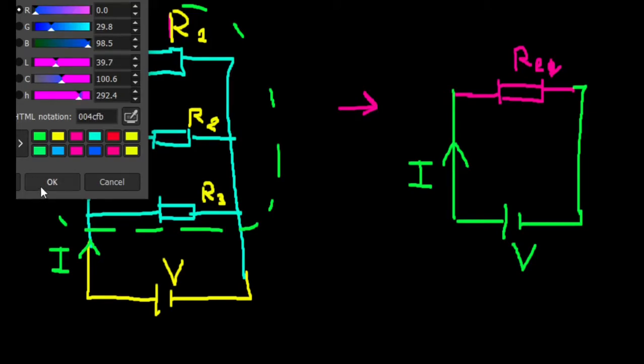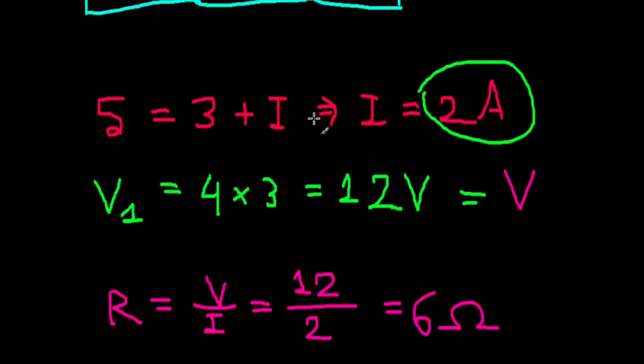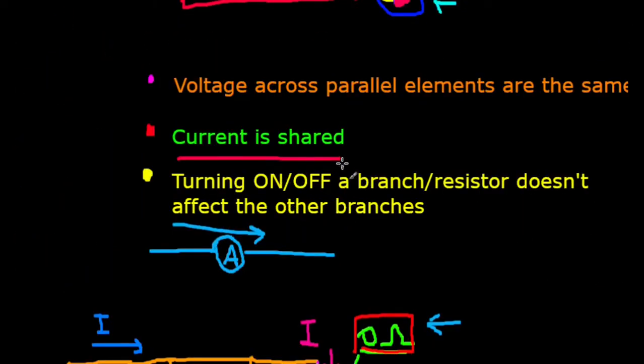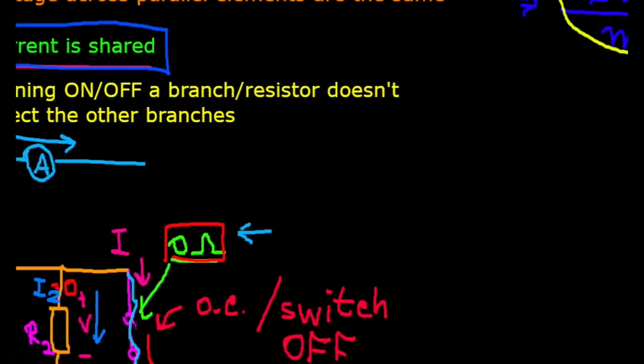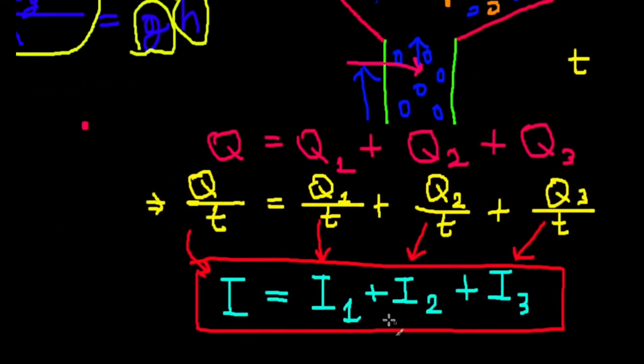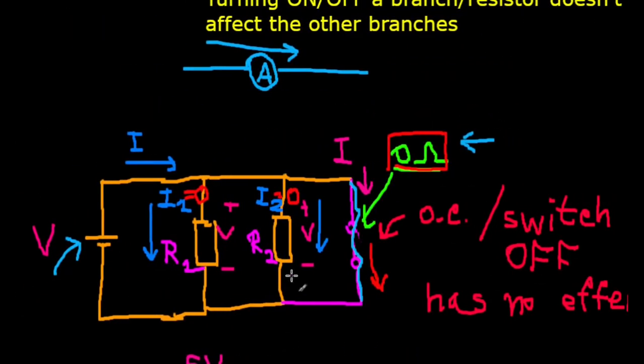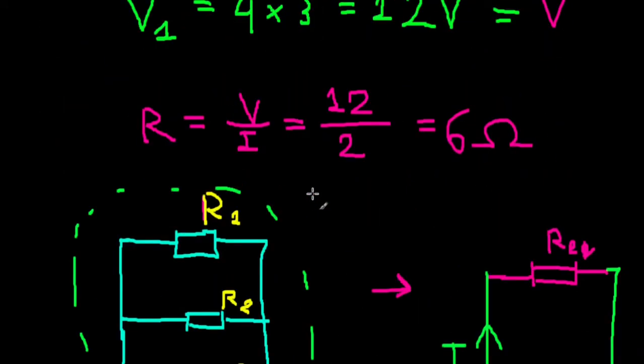Let's find that formula. As we know, the current is shared for parallel resistors. As a formula, your total current is going to be the sum of the currents through the individual resistors. It's pretty simple.